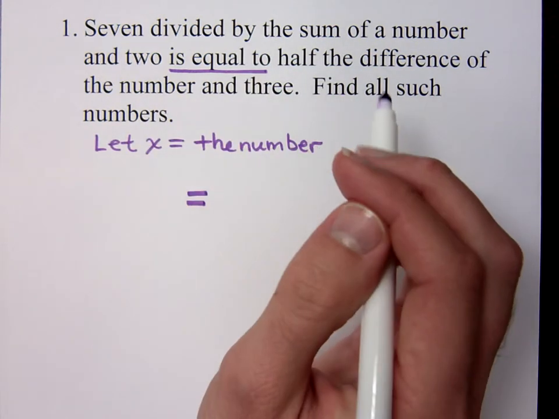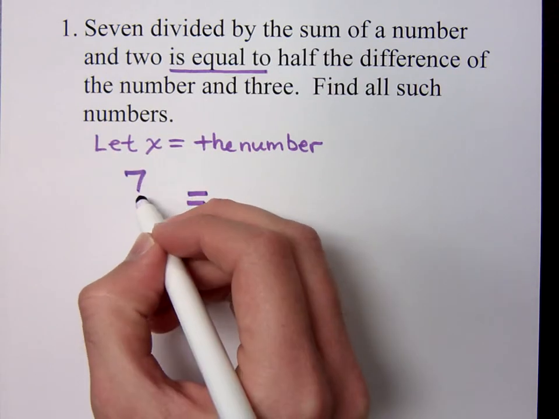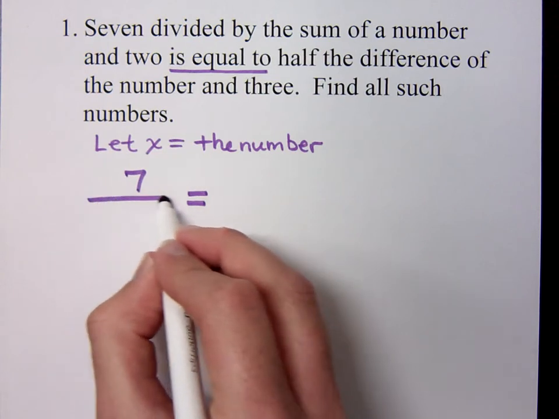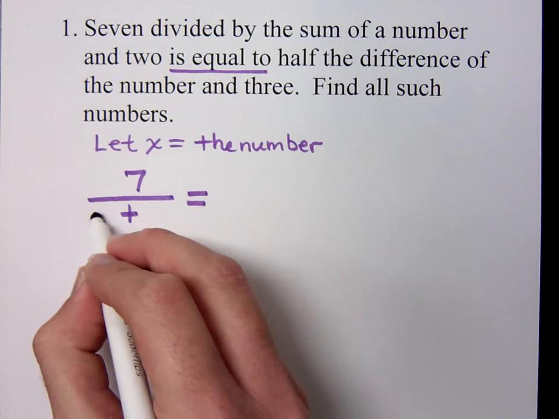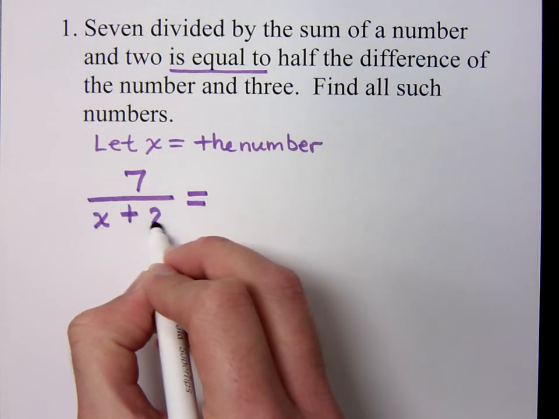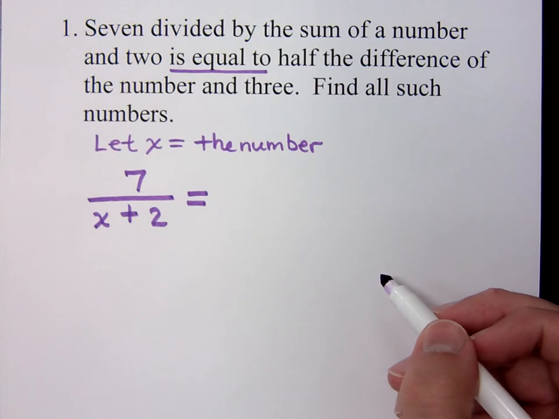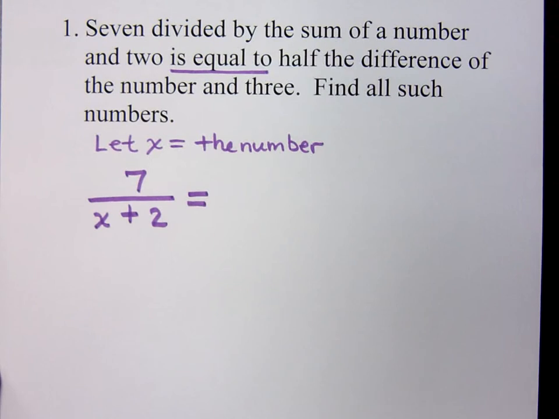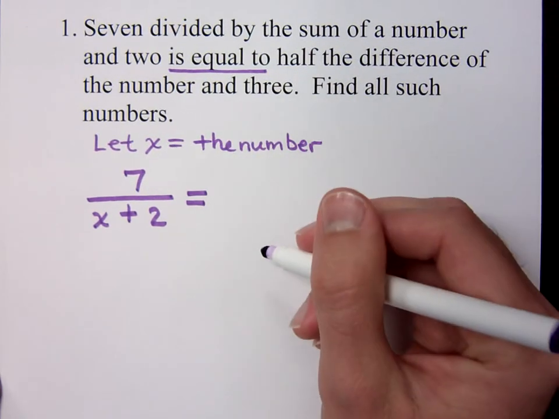How do you write that? X plus 2 divided by 7? No, it's not. It's 7 divided by what? The sum, so that's addition, of what two pieces? The number and 2. That's how you would write that. Then you look at the right side of the equation from the words: half the difference of the number and 3. What does half mean?